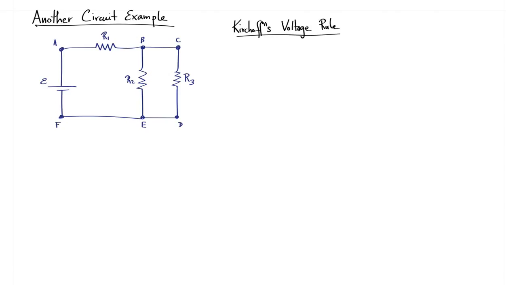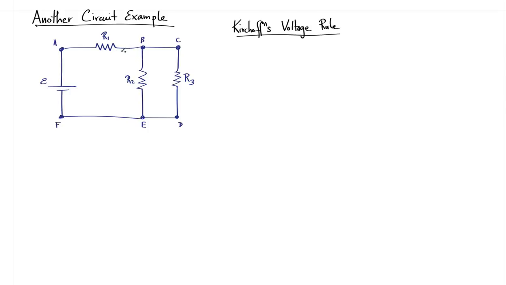Here's a slightly more tricky example. Now we have a battery, and instead of just having one resistor, we have three, hooked up in some kind of configuration like this. You can see there are junctions here where one resistor is hooked up to another one, so it's a little more tricky.